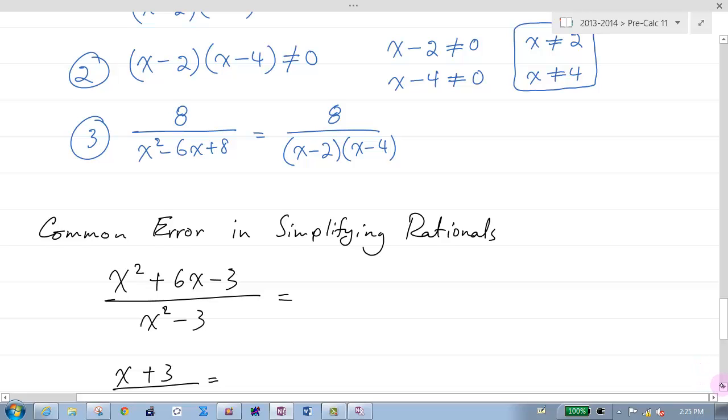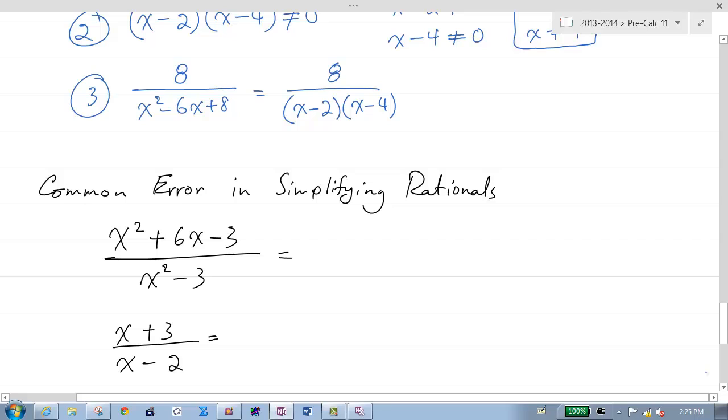Now, I'm just going to give you guys some heads up, and there's also some of them in your workbook. Some heads up about some common errors that you should be looking out for, or be careful with, when you're simplifying. So sometimes you see that there are some common elements in the numerator and in the denominator. You have x squared plus 6x minus 3, and the denominator is x squared minus 3.